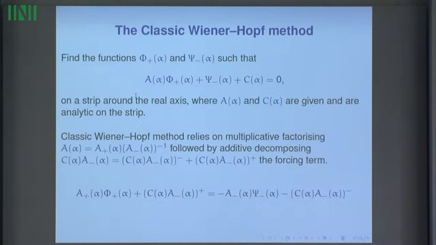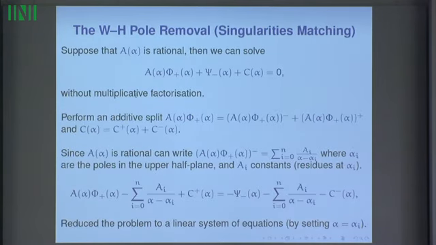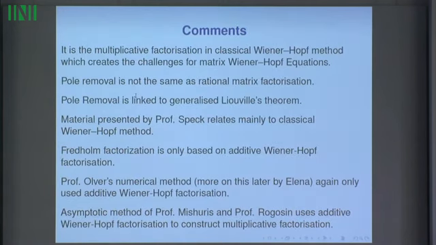Instead of having some polynomial here, we would have had some rational functions, and then this would be equivalent to finding those coefficients in some way. Professor Speck told us a nice introduction about how to look at those from the operator point of view, and I'll be interested to discuss further how these two different methods compare in that more theoretical setting.